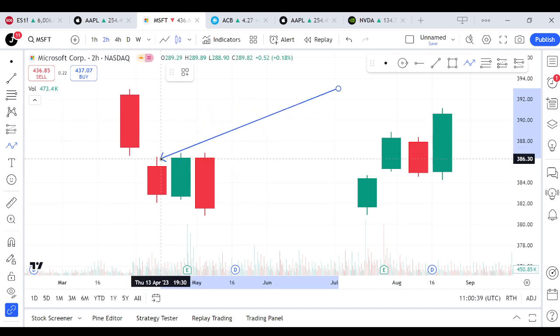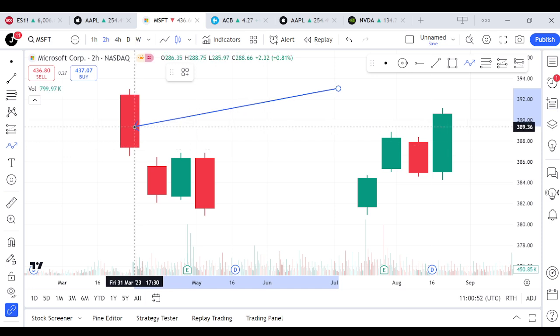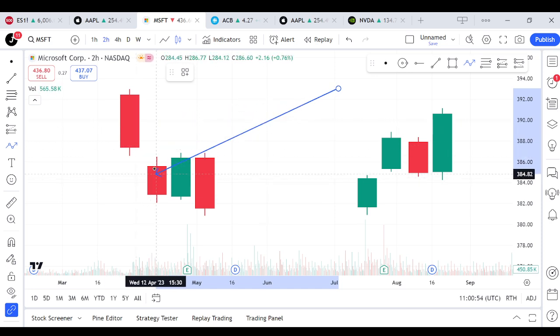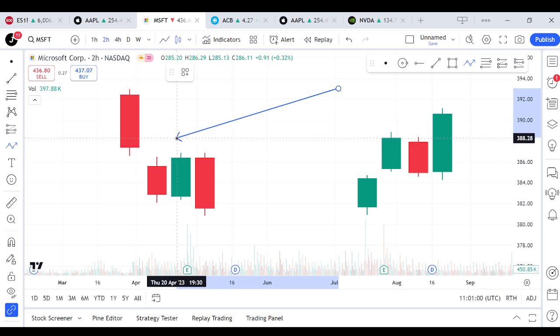And then the next characteristic is the gap. A noticeable price gap forms in the same direction as the trend, emphasizing market strength. This gap can be seen between the first candle and the second candle. The second candle opens with this gap below the first candle. In this case, this is a bearish example.